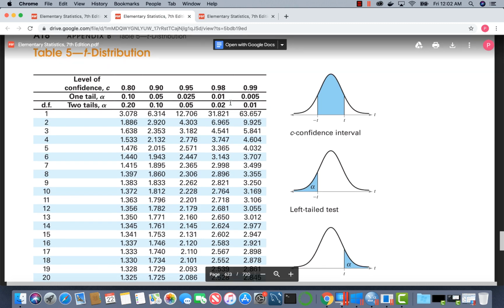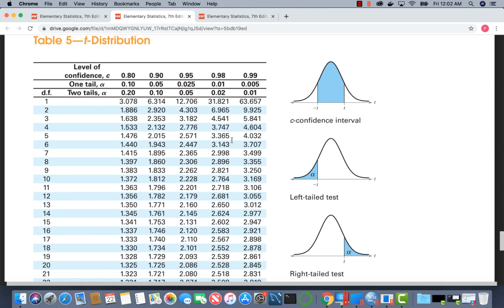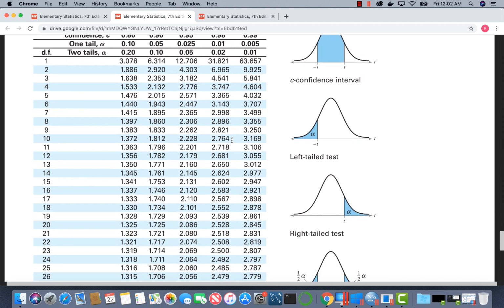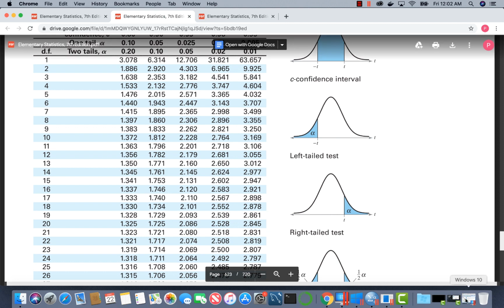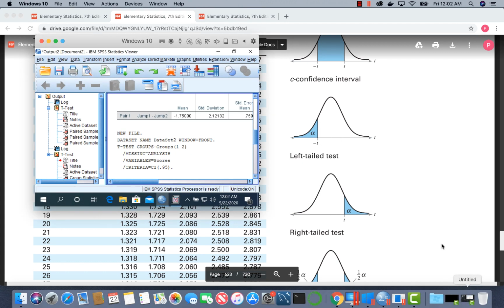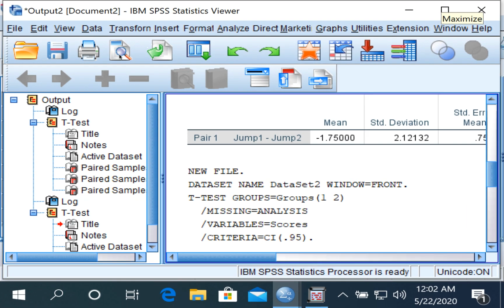And the area in the left tail is 0.01. So with 0.01 and 18 degrees of freedom, we get negative 2.552. Negative 2.552 is the critical value. All right, let's look at our test statistic.